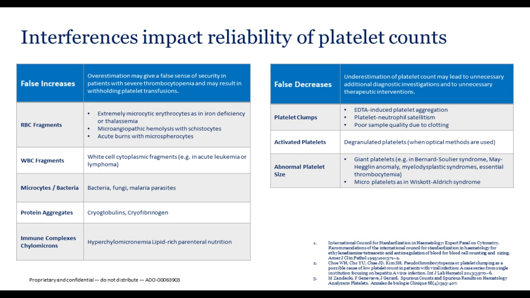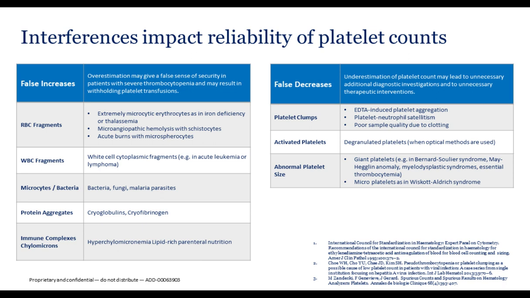Microcytes, bacteria, malarial parasites, protein aggregates, immune complexes, and chylomicrons can all contribute to falsely increased platelet counts. Decreases can include platelet clumps, such as EDTA-induced platelet aggregation.